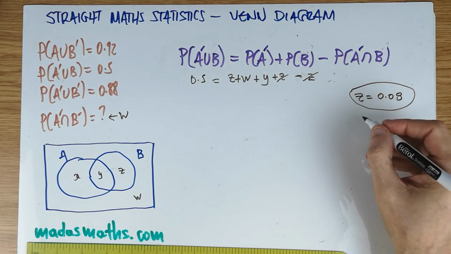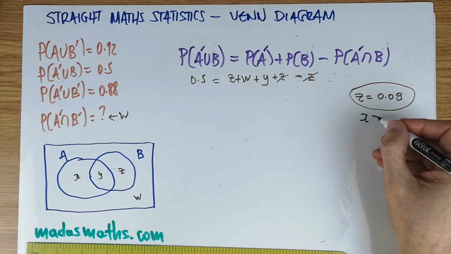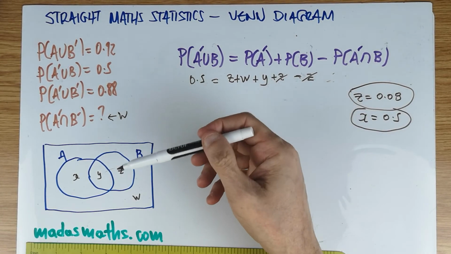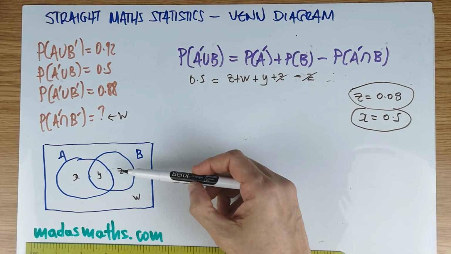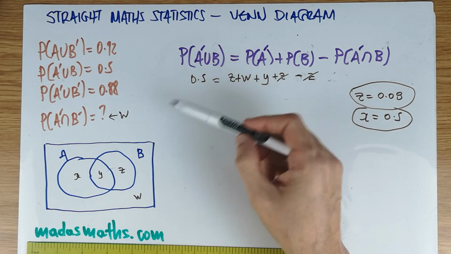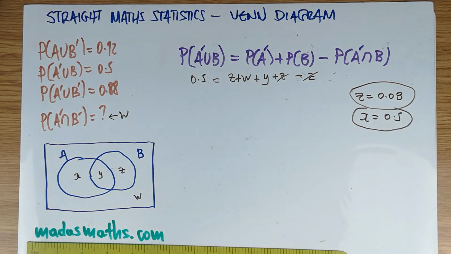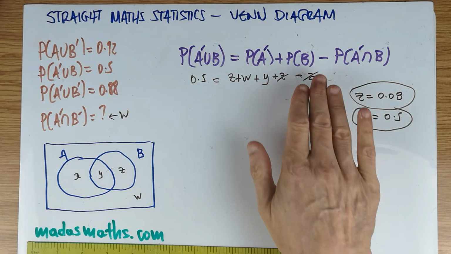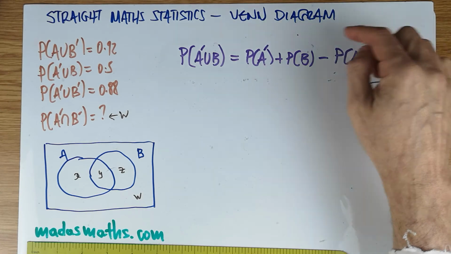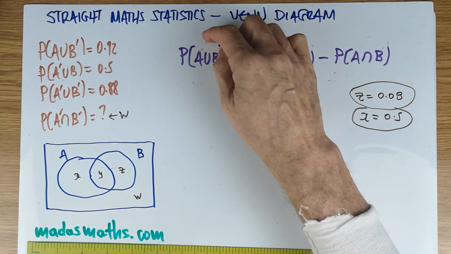So the x, which is what we're left with, must be 0.5. Just double checking that I haven't made a mistake. I don't remember the numbers from before. Hopefully it is the same numbers. So that's all done.